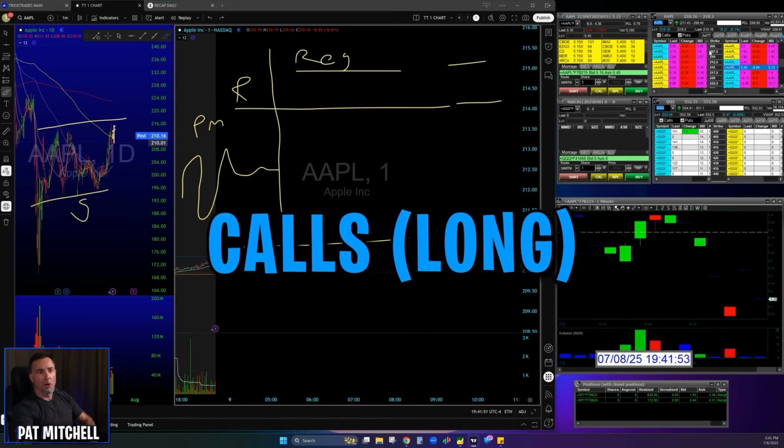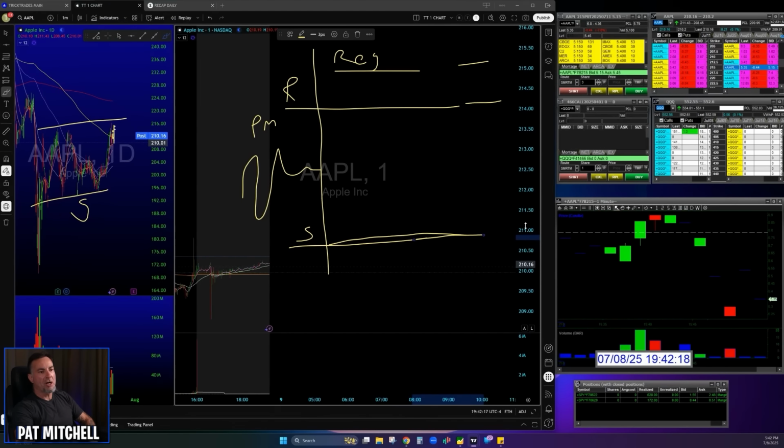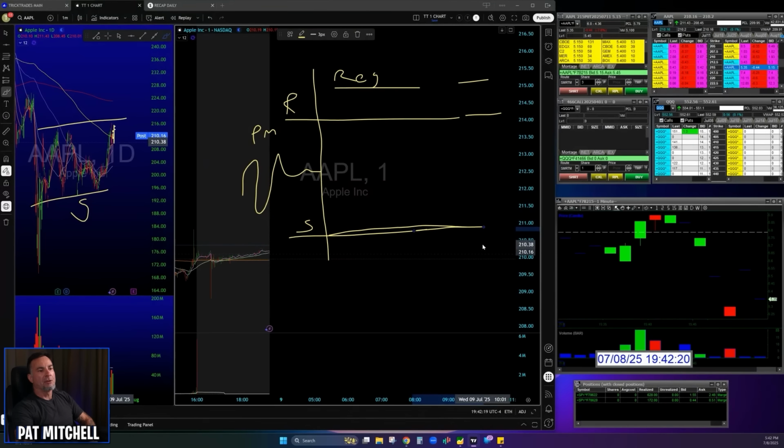Now, let's talk about calls. Calls are on the left-hand side here, okay? So if our area of execution is right here at 211, 210, let's take a look at what we have. So we have the 210s and then the 212.50s. So our level is 211, and we have the 210s. I would err on the side of caution and go with the 210s.